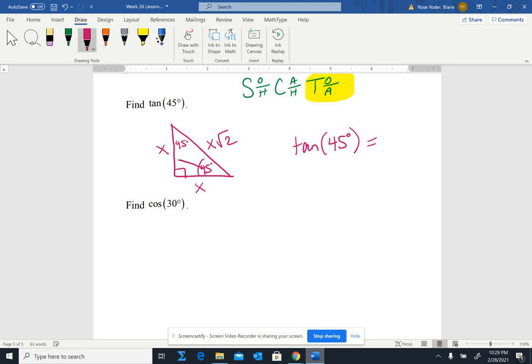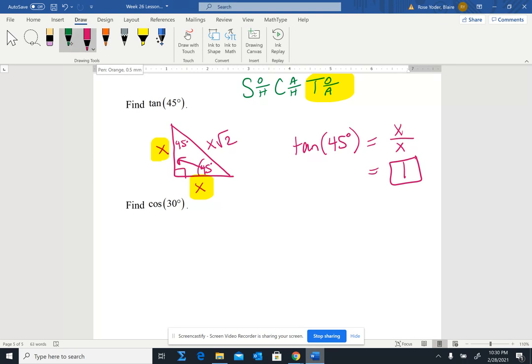It doesn't matter which one. This x is opposite it, and this x is adjacent to it. So x over x. Those cancel each other out. Anything divided by itself is just 1. So if you were to type tan 45 in a calculator, which we'll show you how to do in a little while, you'd actually get 1 as your answer.